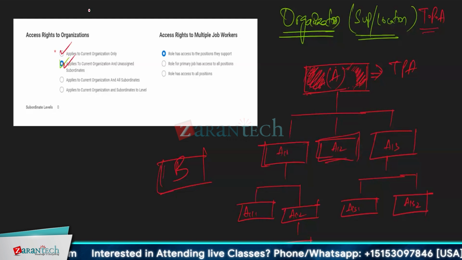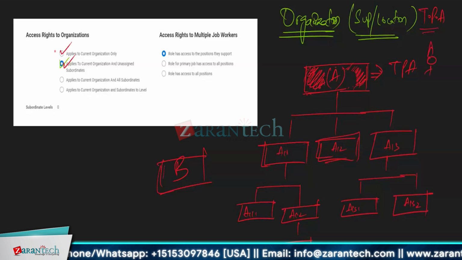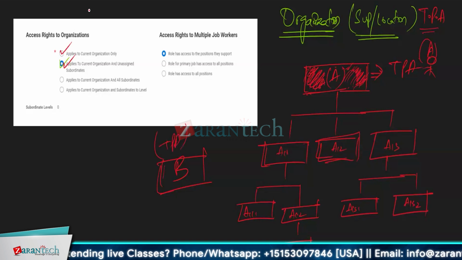So if person A is assigned the time profile approver, this person will be the approver for all the employees on this organization as well as this particular organization, because Organization B is unassigned. That is what it means: applies to current organization and unassigned subordinates. So this is an unassigned subordinate, hence it will be applied to this organization as well.